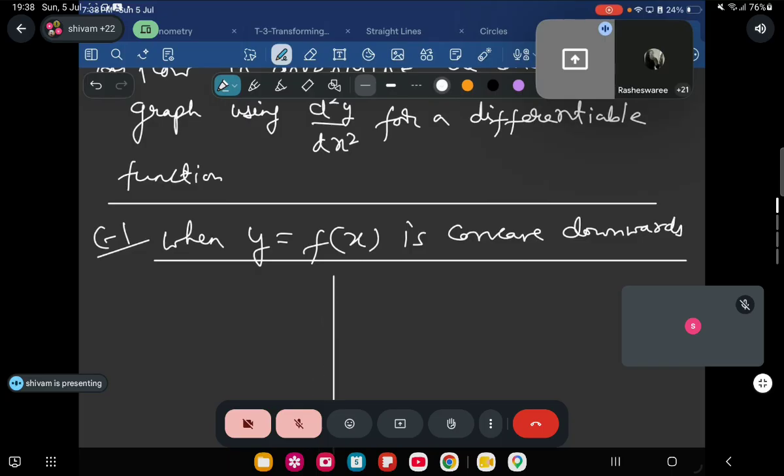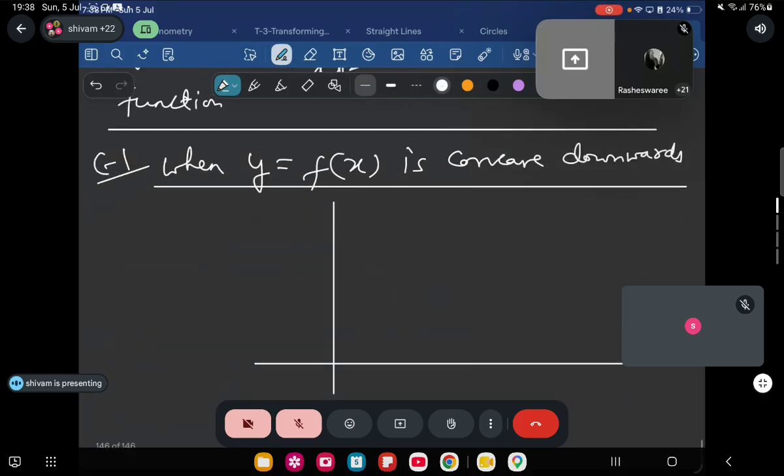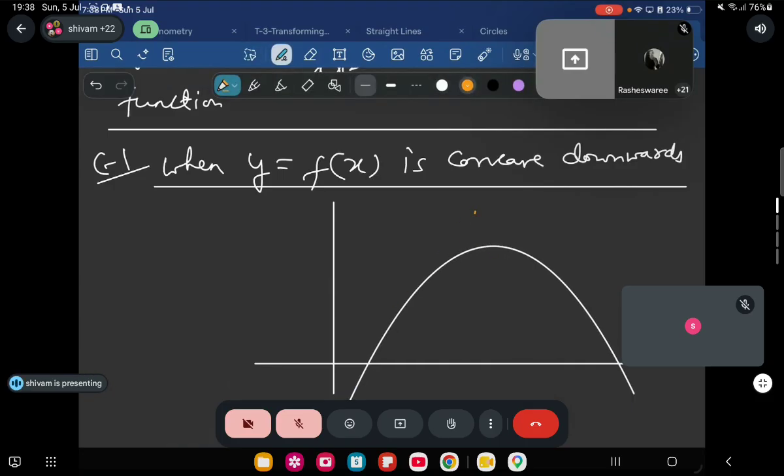Yes, Rasheshwari, you are saying something? Can you scroll a bit up? Okay. When y is equal to f of x is concave downwards, pay attention, everyone. This is how the graph is going to look. I'm going to draw tangents at different points. See, this tangent, what is the slope of this tangent? Positive or negative?